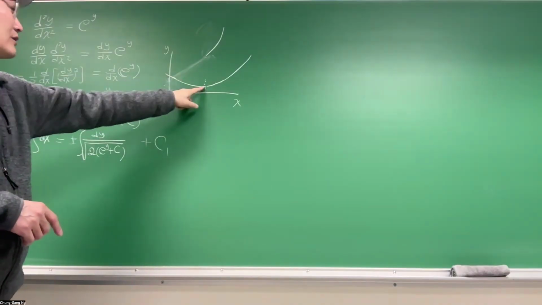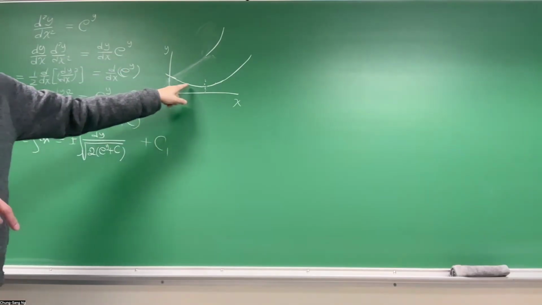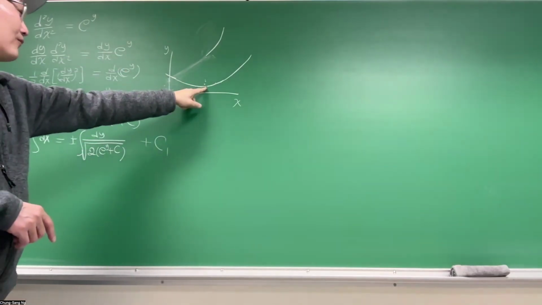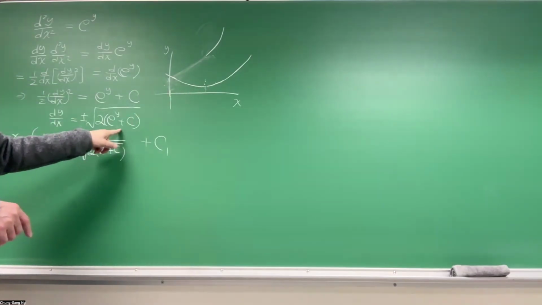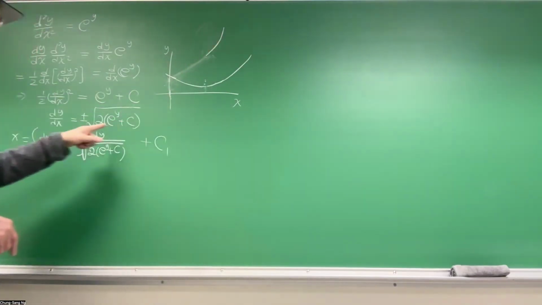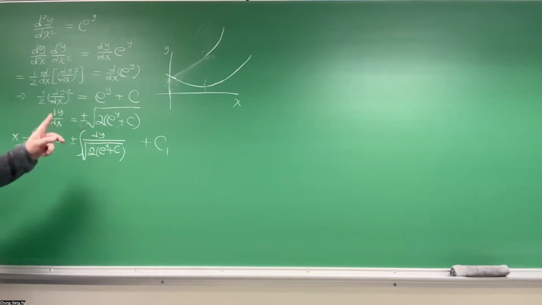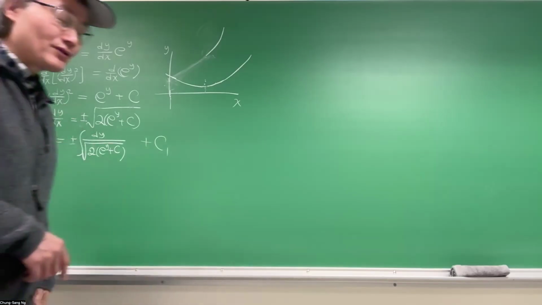Over this range, you choose the negative sign because dy/dx is obviously negative. And when it goes to 0 and this argument is 0, it turns around and becomes positive. Then you choose the positive sign. So it's not exactly one equation; it's like a piecewise equation. In one range of x, you choose the plus or minus sign, and in the other range you choose the other sign. So it depends on the initial condition.